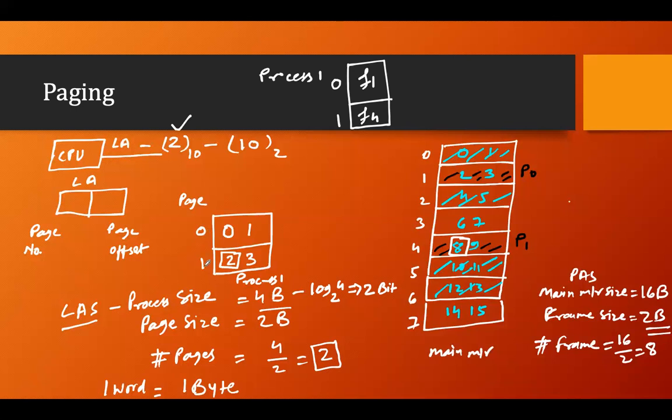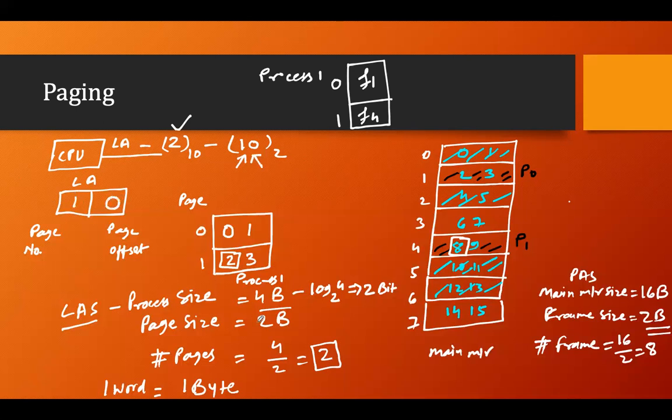So for page number, 1 bit is required, and for page offset, 1 bit is required. This will be for the page number and this will be for the offset.